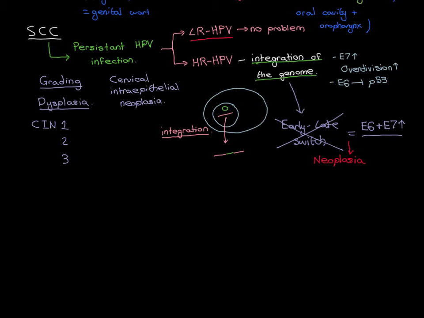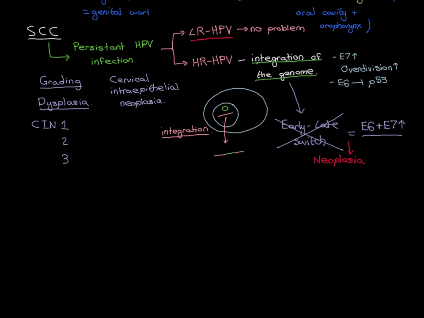So how do you actually decide whether the squamous stratified epithelium of someone's cervix is SIN1, SIN2 or SIN3? Well, you have to take a sample, and we'll talk about the screening mechanism later on, and you have to look at the cells, and you can see when cells are dividing aberrantly, because the nuclei of the cells will be different sizes and the size of the cells will be different as well.